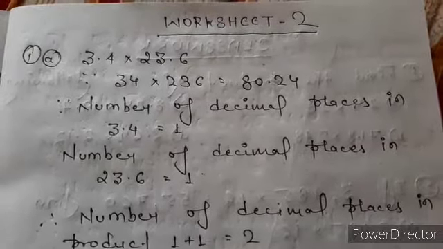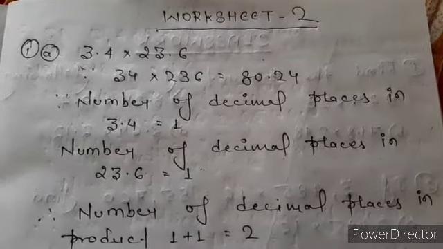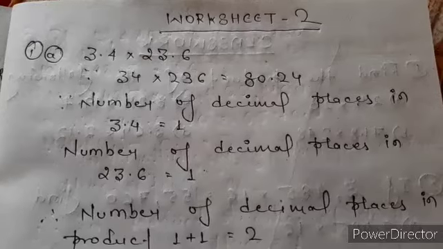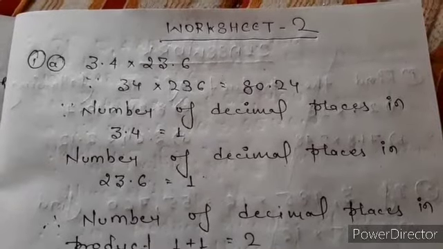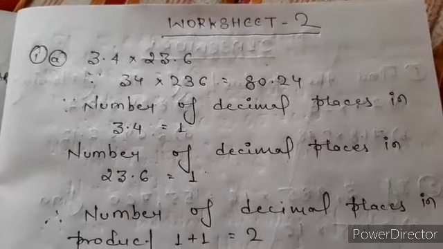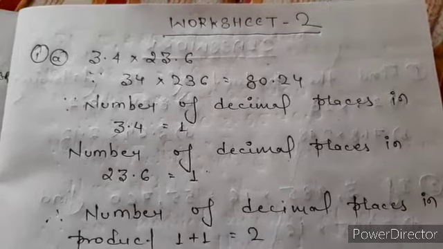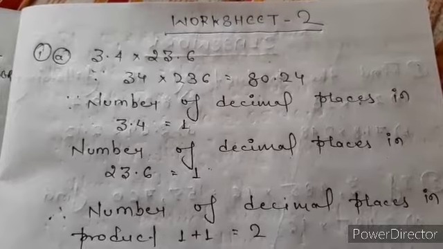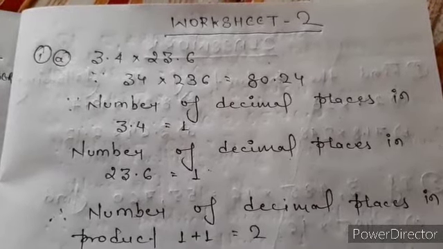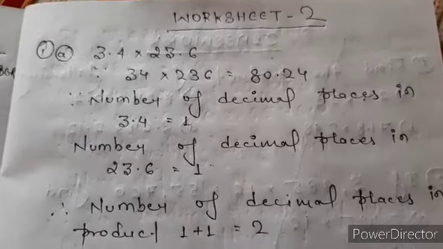Worksheet 2, question number 1a, 3.4 into 23.6. Since 34 into 236 is equal to 8024, the number of decimal places in 3.4 is equal to 1 and the number of decimal places in 23.6 is equal to 1.